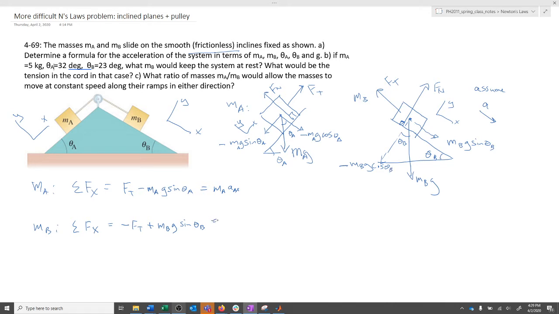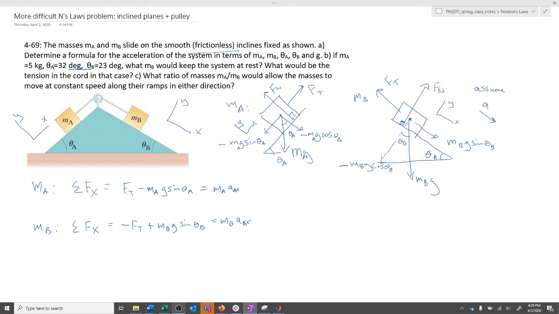And what is this going to equal? This would equal m_B a_B x. And now note that the acceleration a_A x and the acceleration a_B x are both positive. So when one goes to the right, the other one also goes to the right.